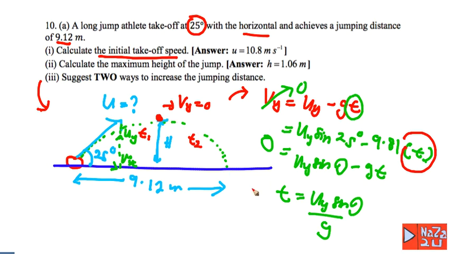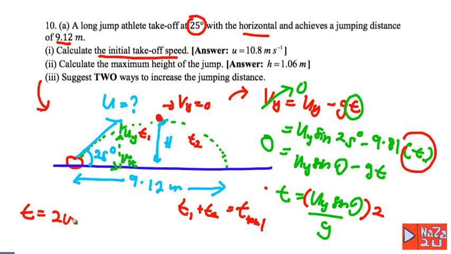The total t is t1 plus t2, so it is 2t. So you can use t equal to 2u sine theta divided by g.